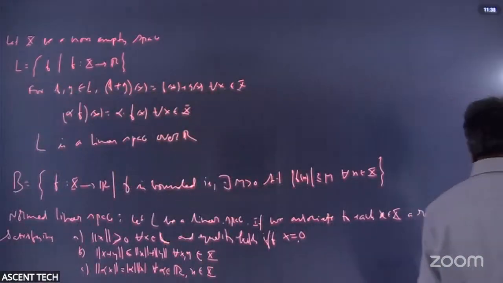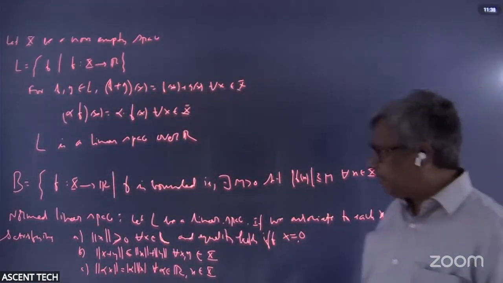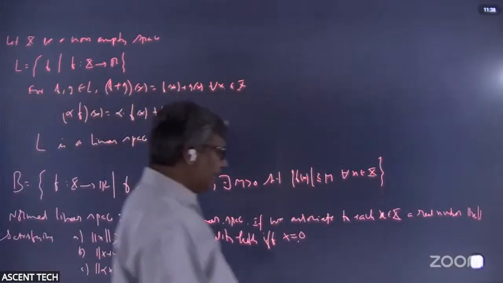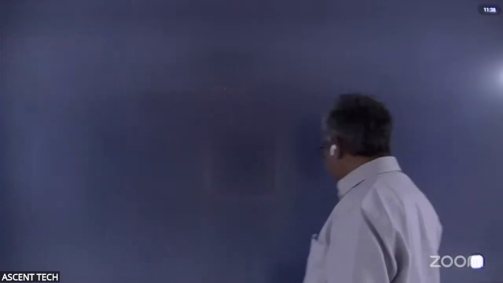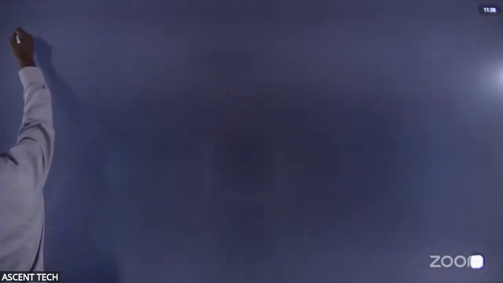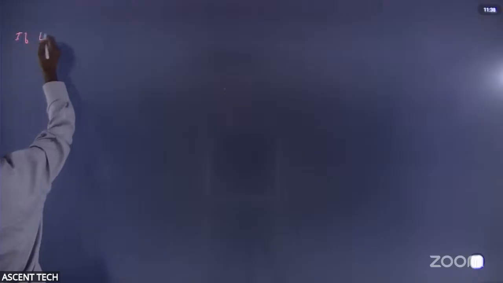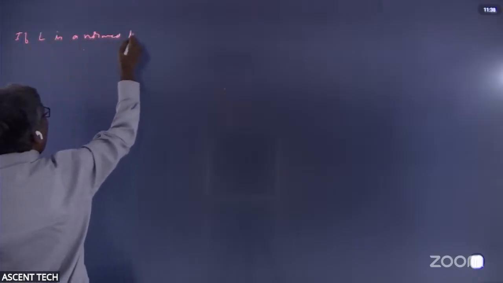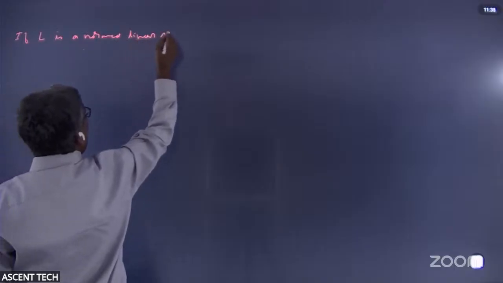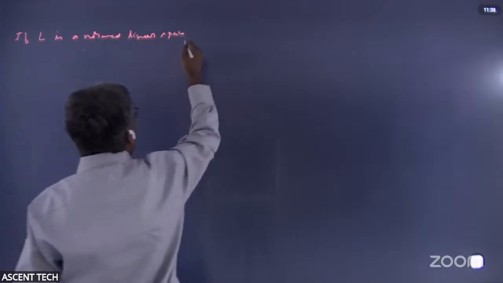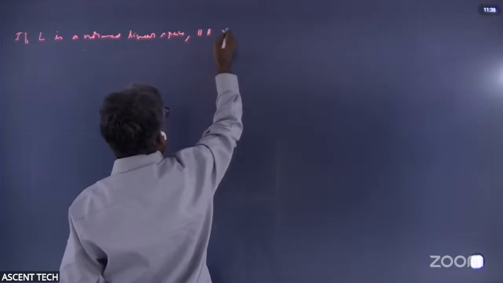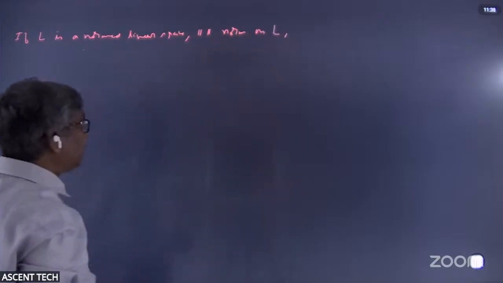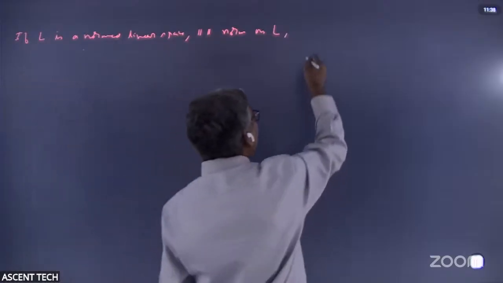If I have a norm, I can easily create a metric. If L is a normed linear space, with this norm on L, we can introduce a metric on L easily.